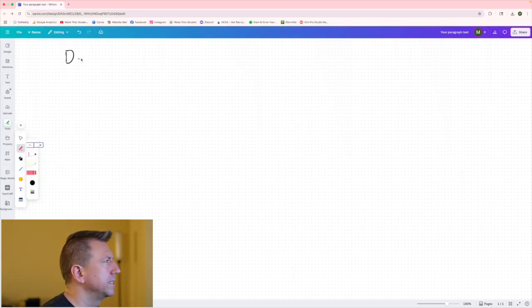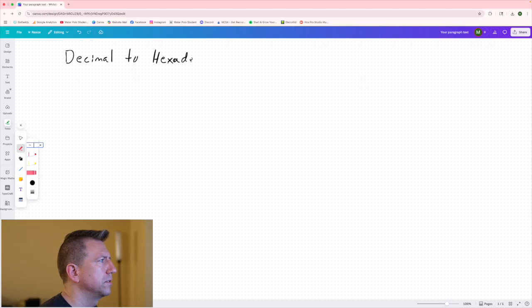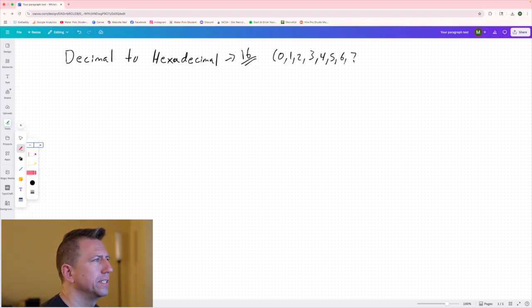So we are going from a decimal to a hexadecimal number. Okay, great. And remember that the hexadecimal number is a base 16 number, and so we have 16 digits that we can use. And the problem is that when we get above 9, these numbers have 2 characters, and so we can't use them.